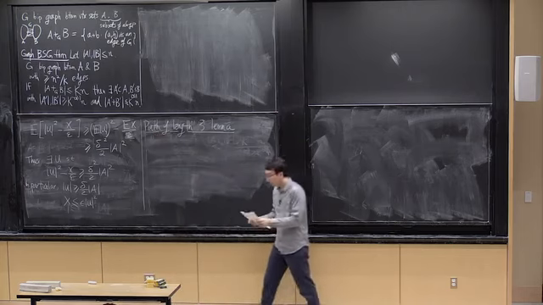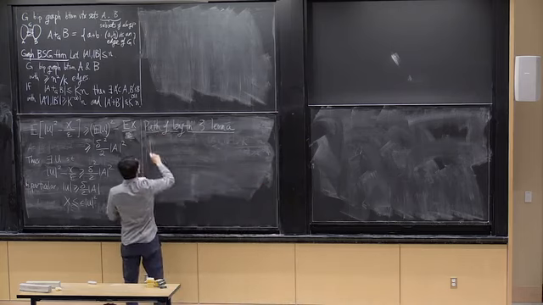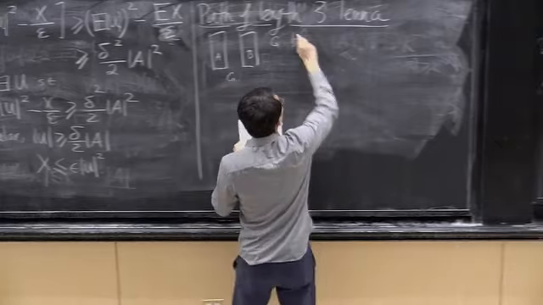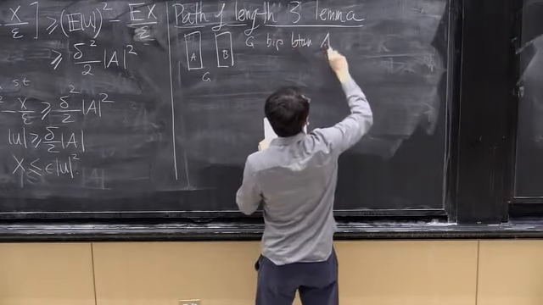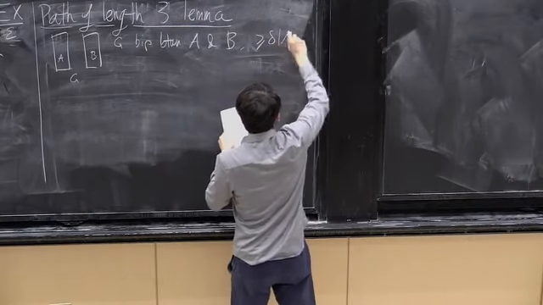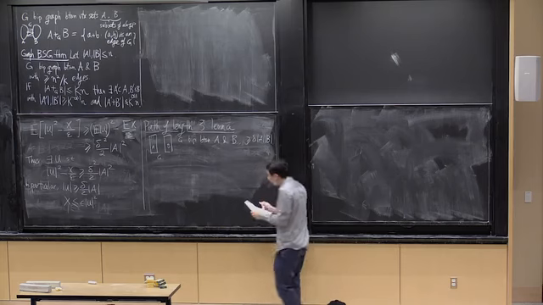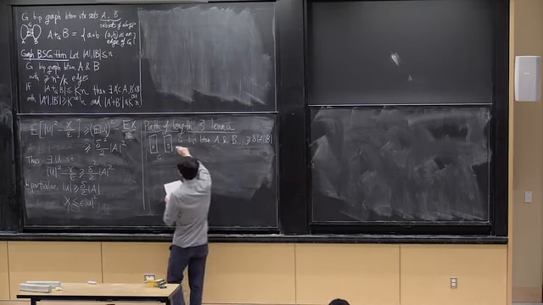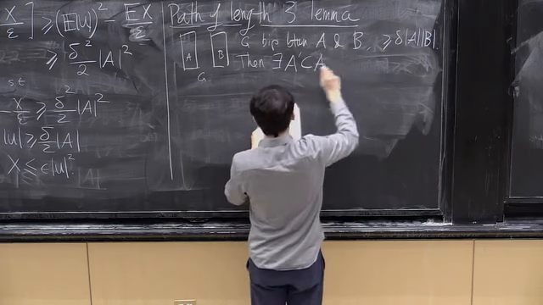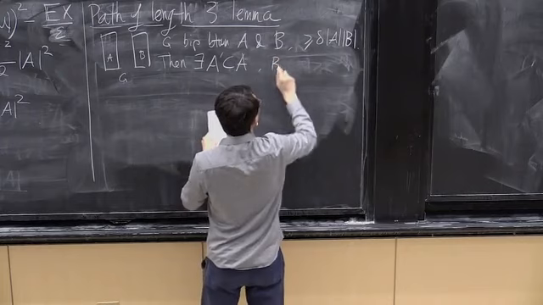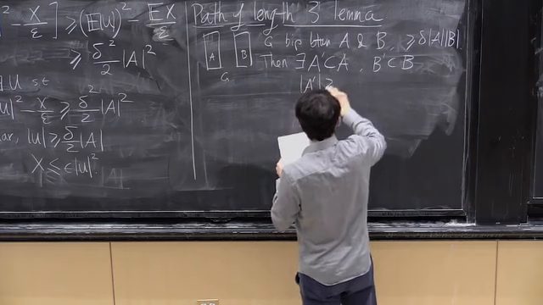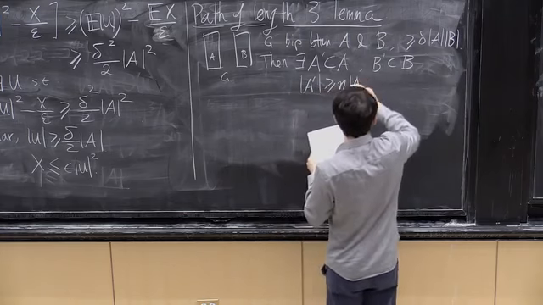So in the path of length 3 lemma, we start with a bipartite graph as before between A and B. So G is a bipartite graph between A and B. And as before, we have a lot of edges between A and B. It's a delta fraction of all possible edges. Then the conclusion is that there exist A prime in A and B prime subset of B, such that A prime and B prime are both large fractions of their parent set.